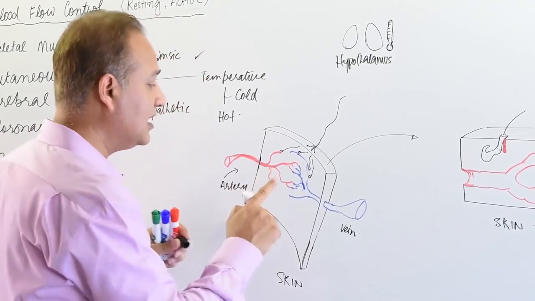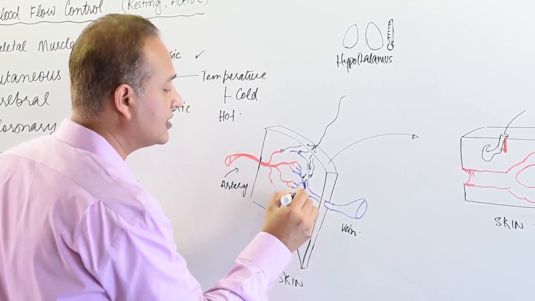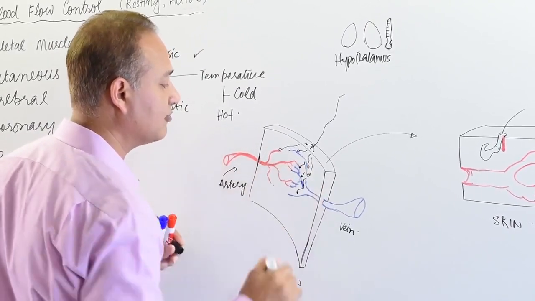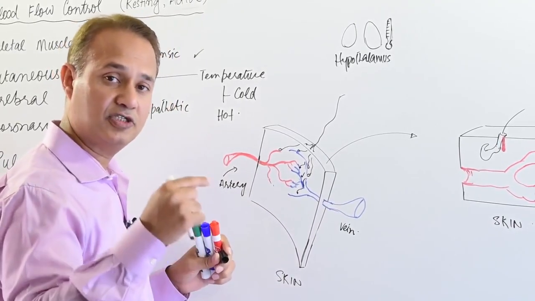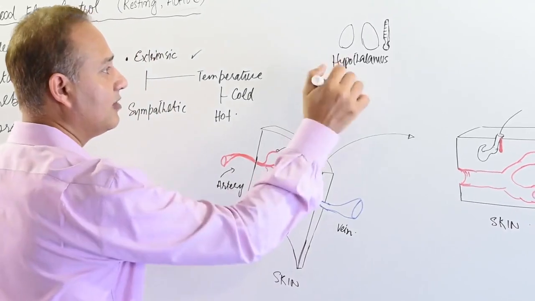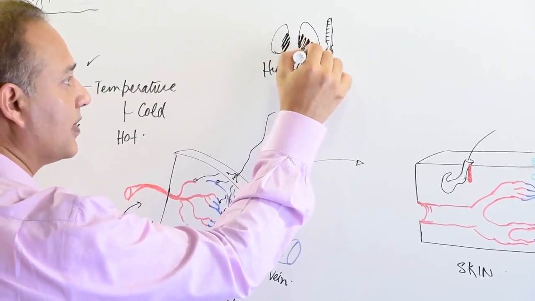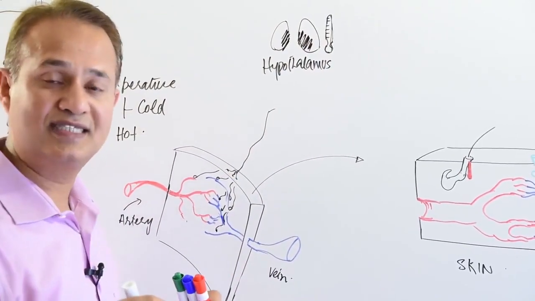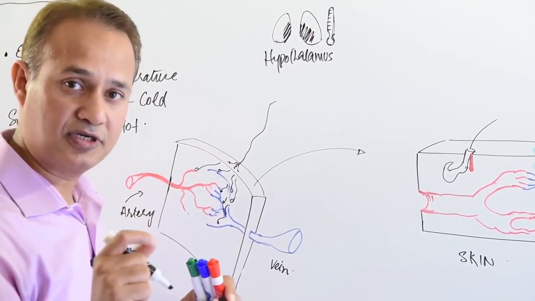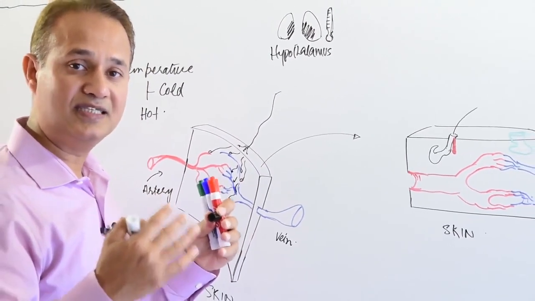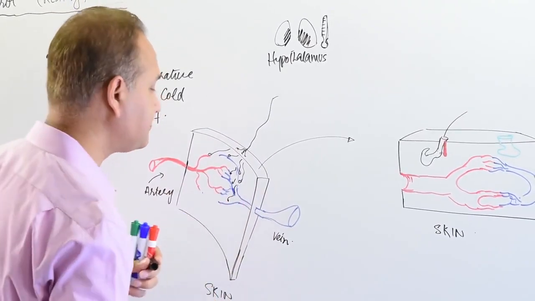The innervation to the veins is also important. For example, we just talked about skeletal muscle and we said innervation to the vein is not that important, but here venous innervation is also important. And here we have the anterior hypothalamus, which has specialized neurons that can sense the temperature, and according to that they would help reset the temperature by doing multiple activities in the body, which we'll talk about in a second.